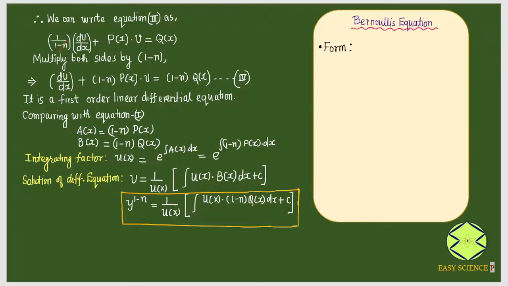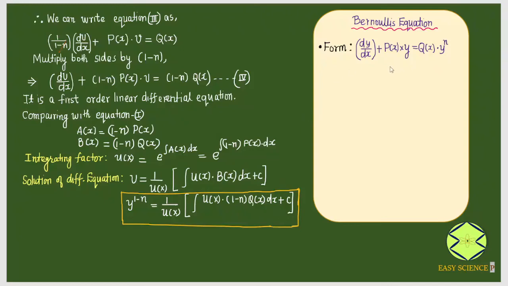It will look like this: dy over dx, then we'll have some function of x, that is p of x, times y, equal to some function of x, q of x, and then the interesting part is a factor y raised to n.